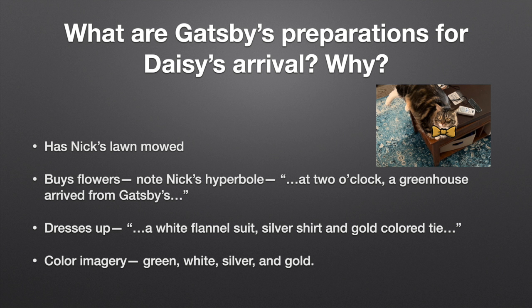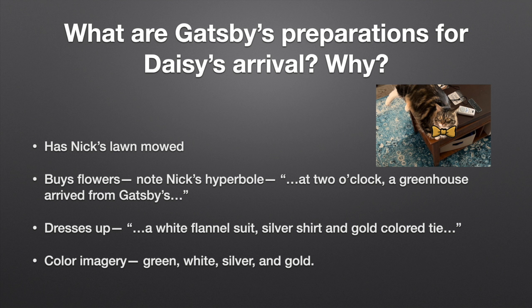We also have the white, which we've talked about with Daisy and the innocence from last chapter, her white dress, her white car, the innocence of thinking that they can just be in love. And then we also have Gatsby, who is literally wearing silver and gold, right? His silver shirt, his gold tie. All of these are colors that we've seen before that have symbolic resonances in this text that we need to be aware of.